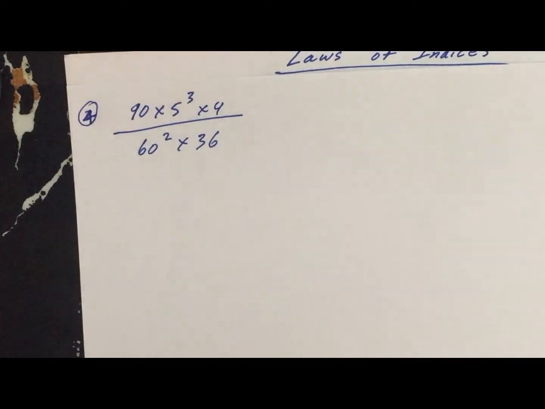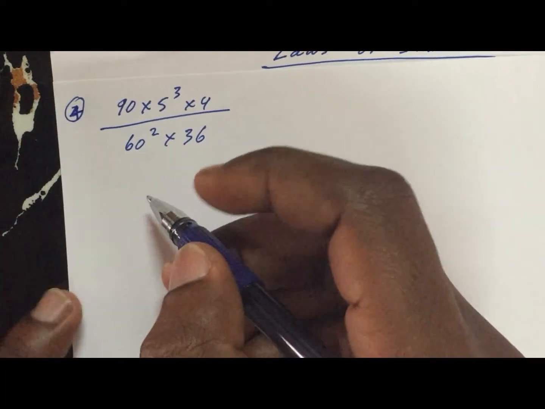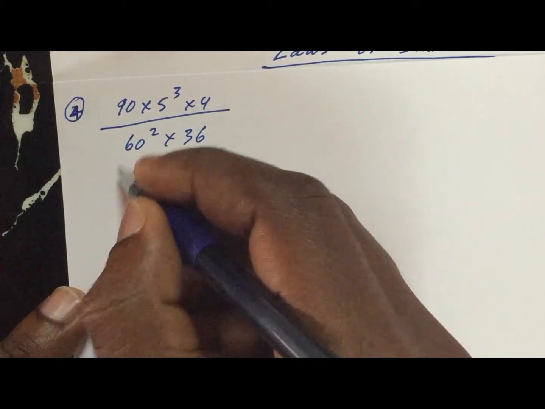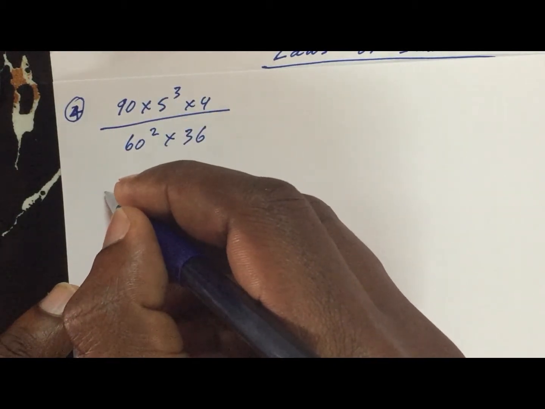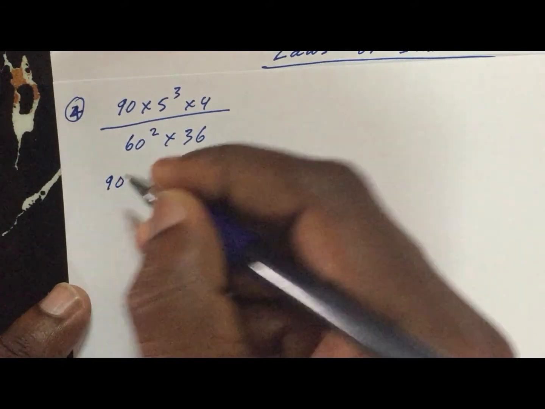So number 4. Basically what we have to do is break all these down to the simplest form. Like we did with the long division in the previous question, let's apply the same thing here.